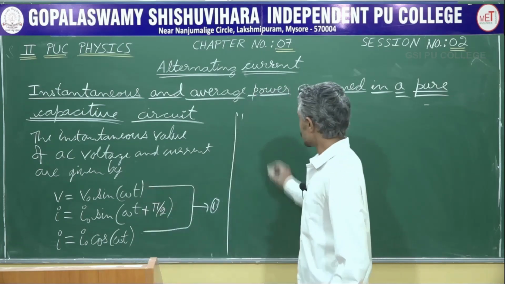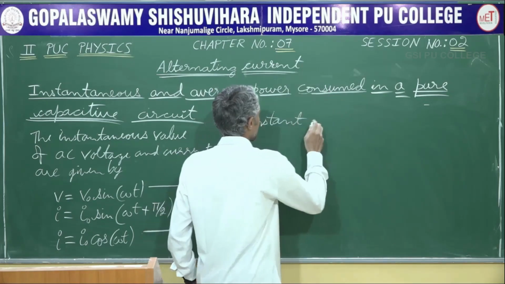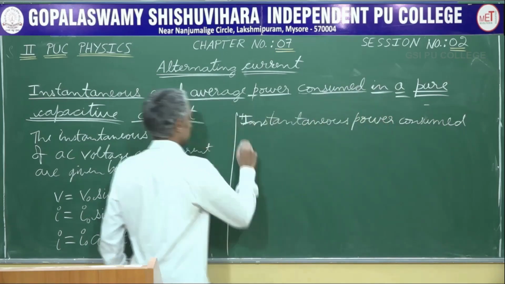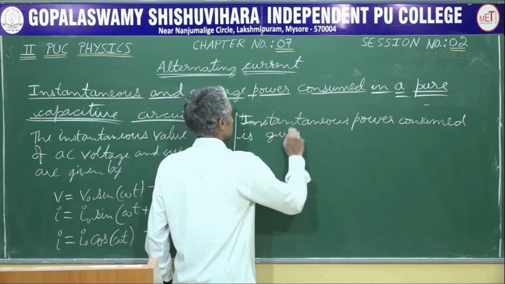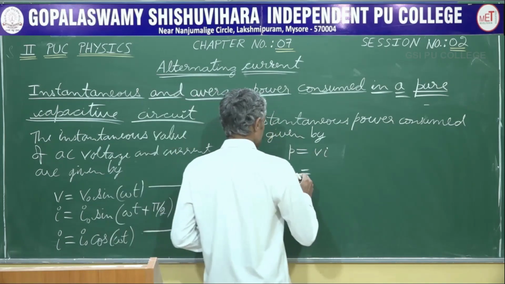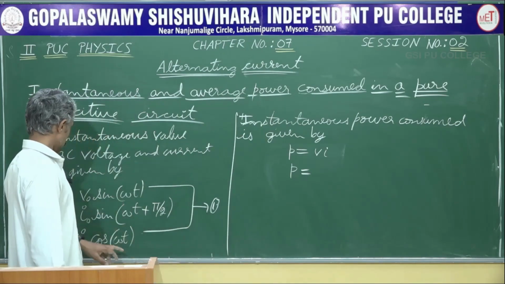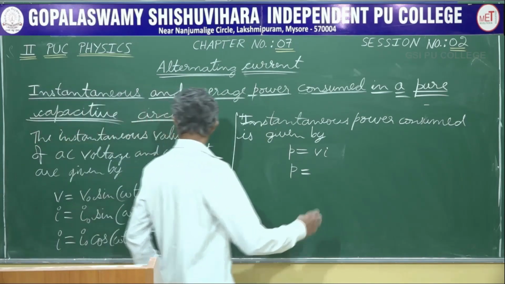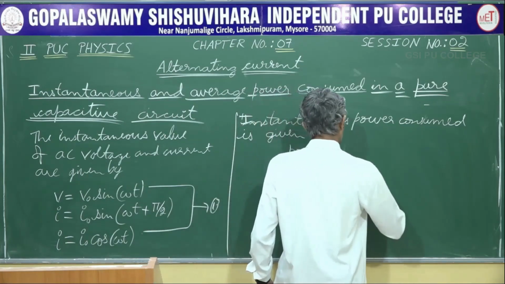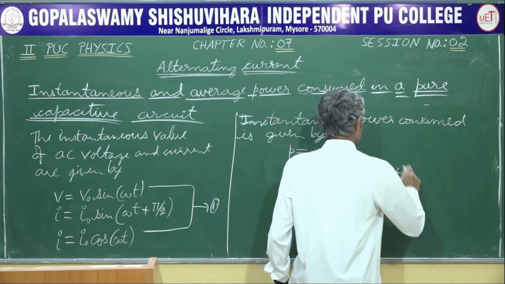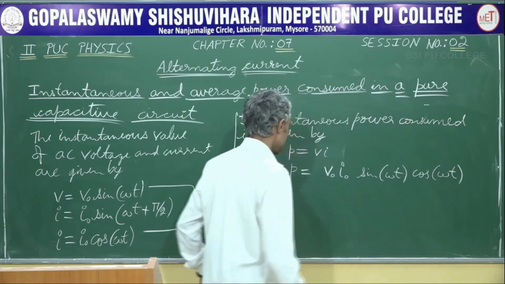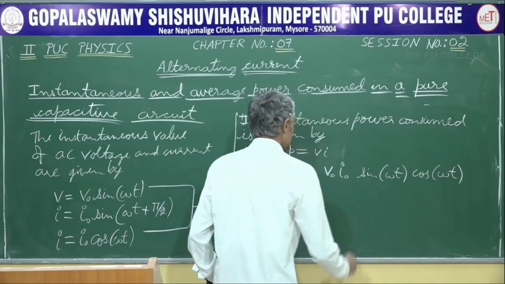Let us make use of these two equations. The instantaneous power consumed is given by p is equal to V into I. So, using equation 1 here, these two equations, I can write this as V naught into I naught into sin omega t into cos omega t.